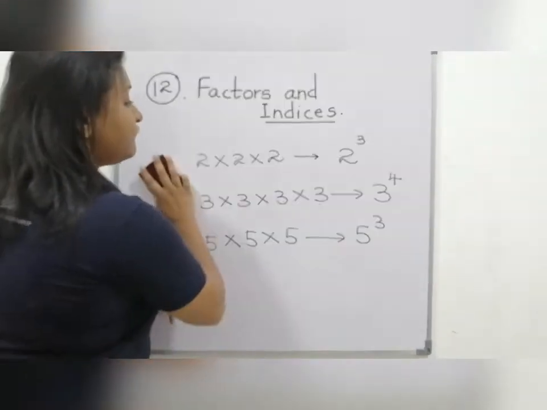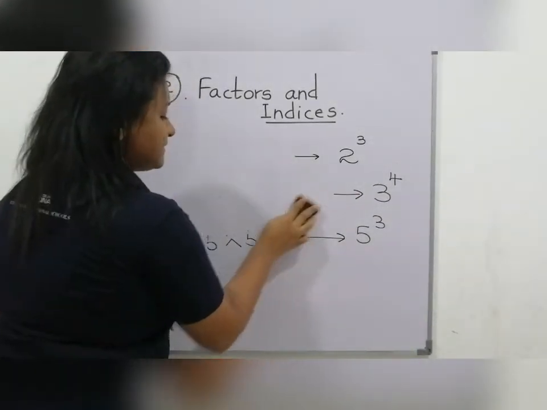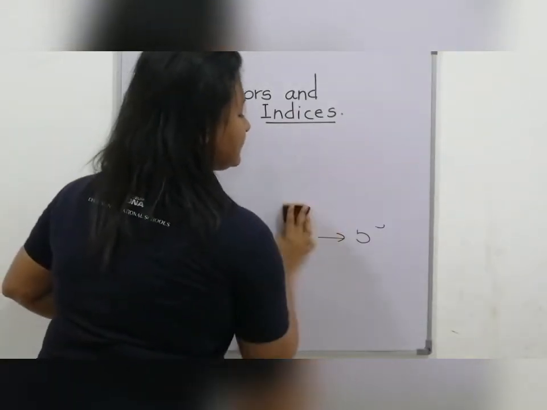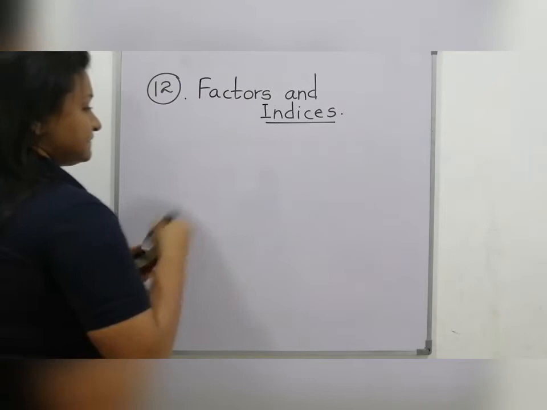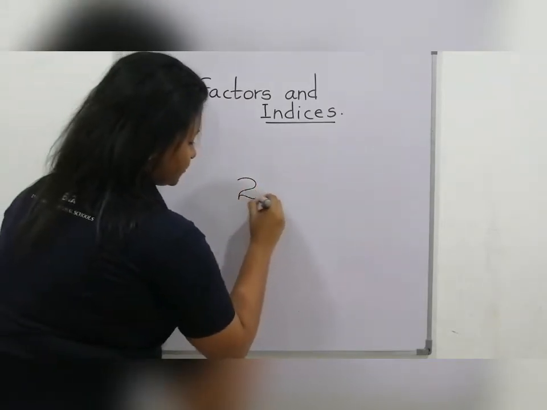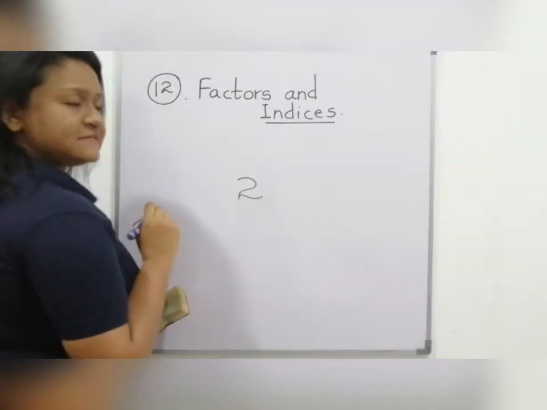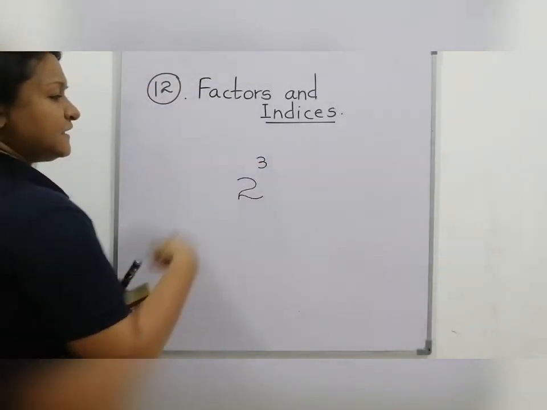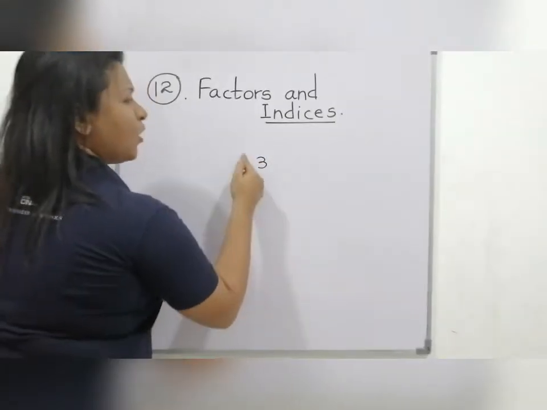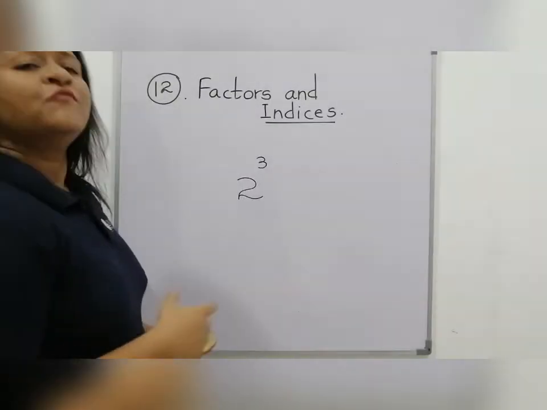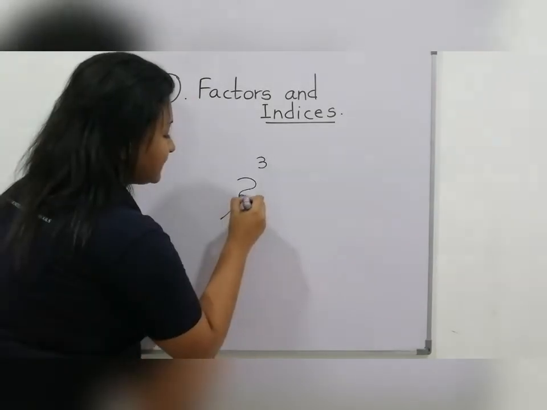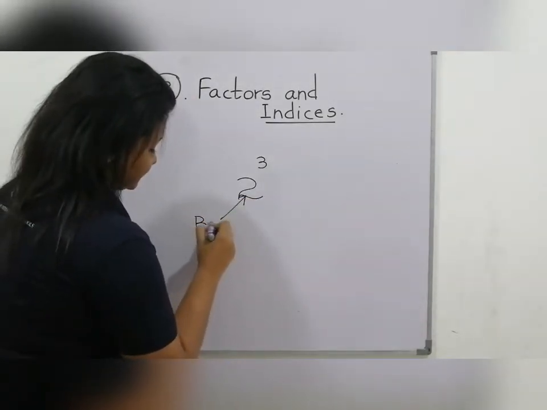Right. So when you observe these numbers, you can see the differences. They are not like the other numbers. You have one number like this and another small number to the right and on top of the given number. What are these? This is called the base.